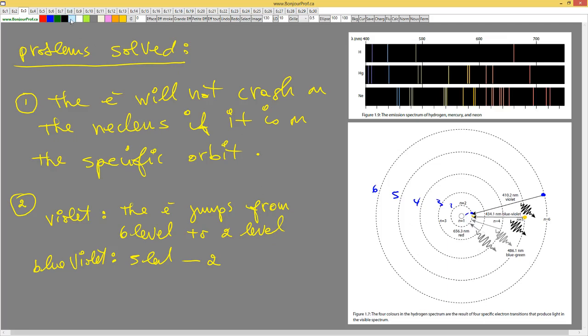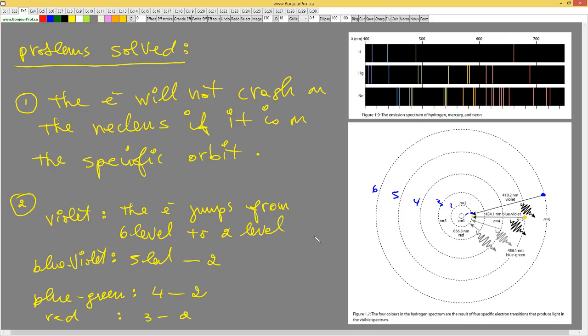So he explained why we have these discrete colors. I'm going to write it here: blue-green is 4 to 2, and red is 3 to 2.